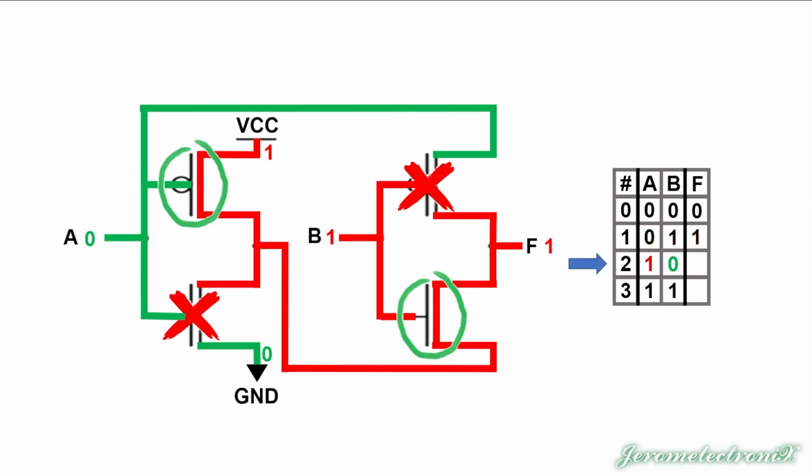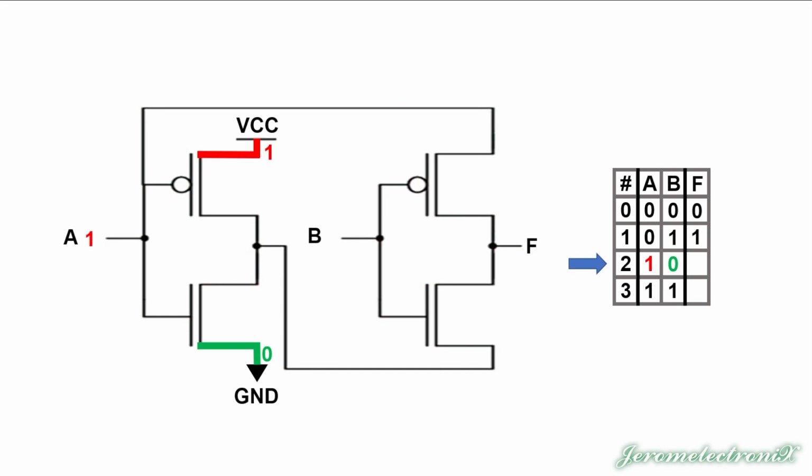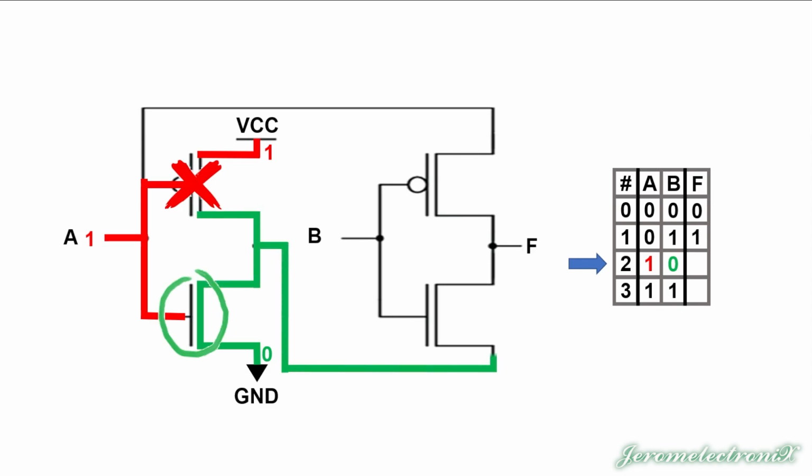Next row. On this row, we're going to put a 1 for A, and of course that's going to flow to the PMOS and to the NMOS. The PMOS is blocked by 1s, and the NMOS allows flow with a 1, so that means we're flooding the internals of this with a 1, or with a 0 from the ground. And then A is a 1, and that flows around to trying to get through the PMOS on the right side.